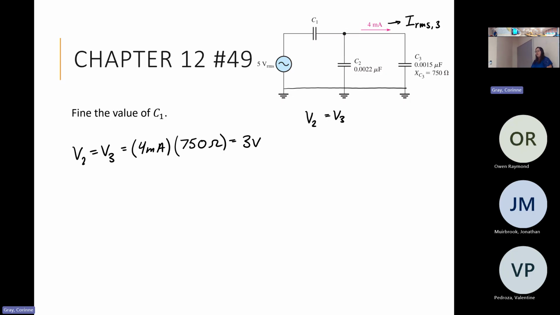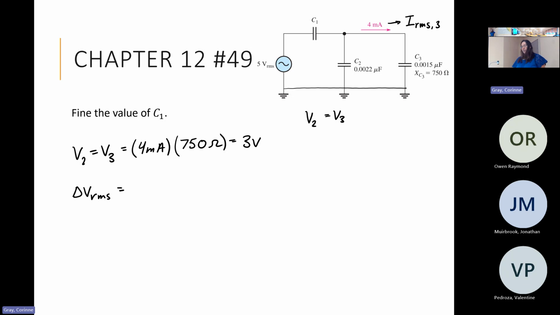What do I do now if I want to do it the easy way? Well, you now know the volts for C1. But I don't know what that is. We can sum up to 0. Yeah, right, delta V RMS.